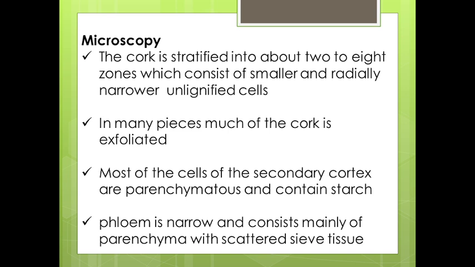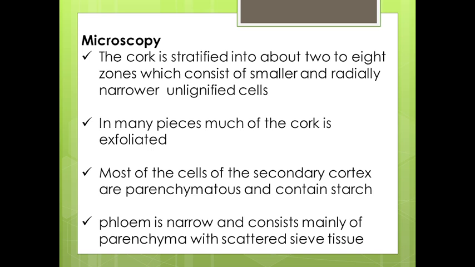So the cork is stratified. It is divided into 2 to 8 zones, which consist of smaller unlignified cells alternating with larger, radially broader, lignified cells. Many times the cork is exfoliated, but the piece selected for section cutting is the one with little exfoliation.